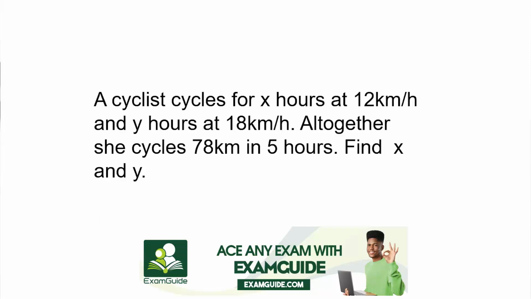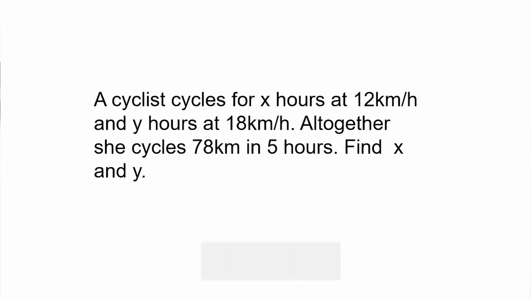Altogether, she cycles 78 kilometers in 5 hours. Find x and y. This one is no longer the one for age or consecutive number. This is another dimension of it. So either this or the other one. Just be expecting any of them in any exam you go.